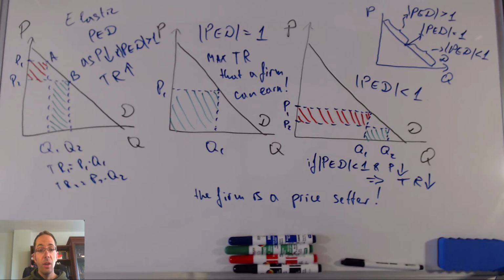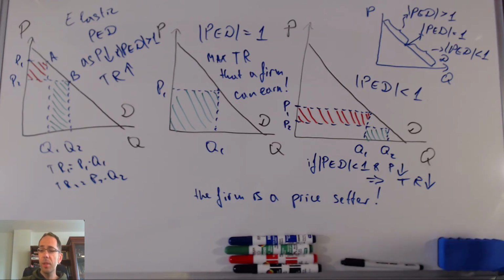Actually, a firm in the touristic sector would likely have to lower their prices in order to increase total revenue. If on the other hand, the firm is selling a product with inelastic price elasticity of demand, let's say, for example, medicine, an increase in the price of a medicine would almost always lead to an increase in the total revenue for the firm.